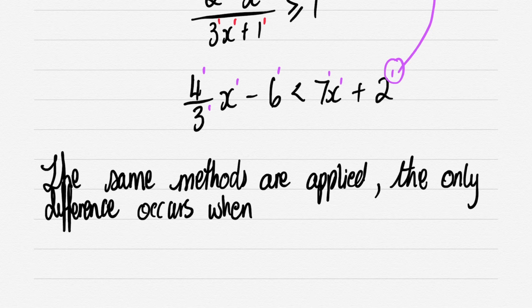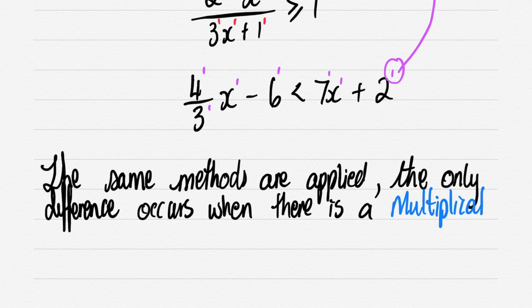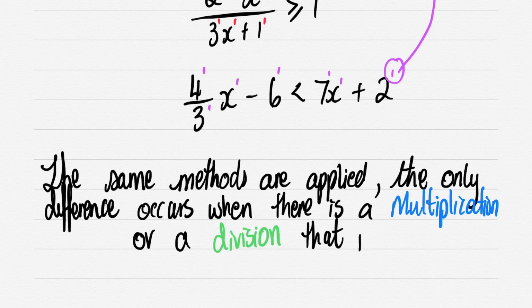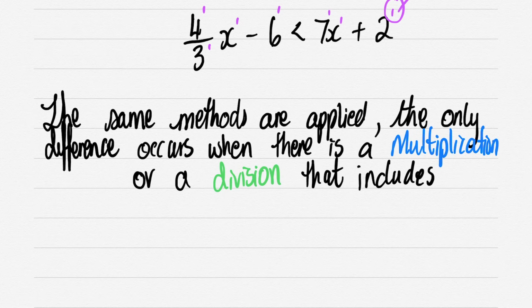However, as I mentioned earlier, the only difference occurs when there is a negative sign. When you're dividing by a negative or multiplying by a negative, your less than sign or your greater than sign will change to the opposite. As you see here, we've got a less than sign, which means if we were to multiply both sides by a negative number, the less than would change into a greater than.